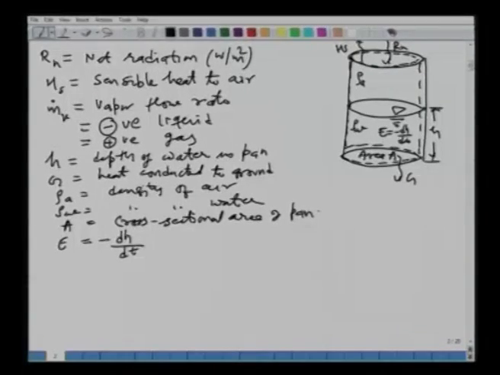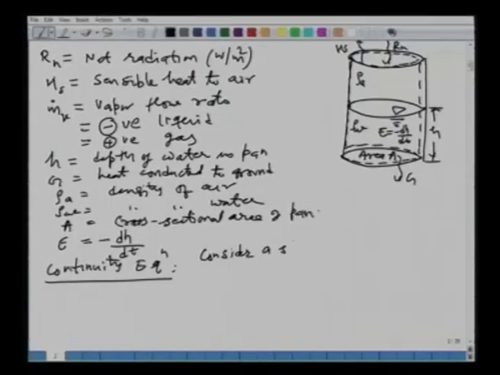Now, let us first write the continuity equation. This is the control volume we have defined and all the physical parameters in terms of energy and other things. Now, for this continuity equation we will consider a steady state process. Consider a steady state evaporation process.